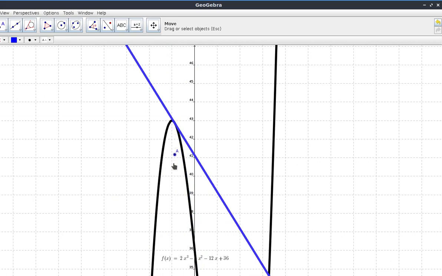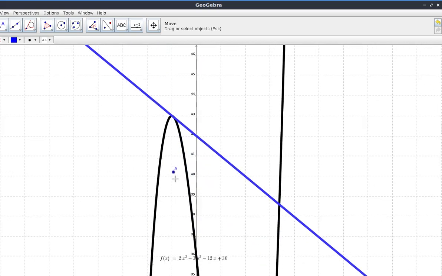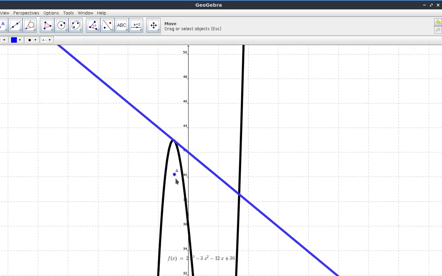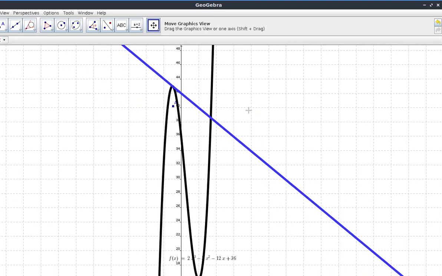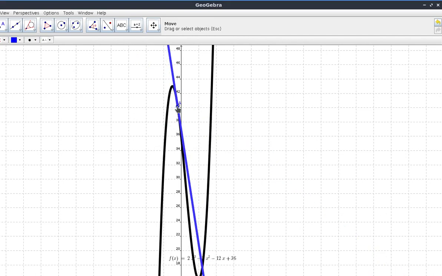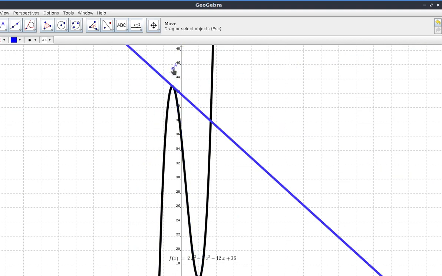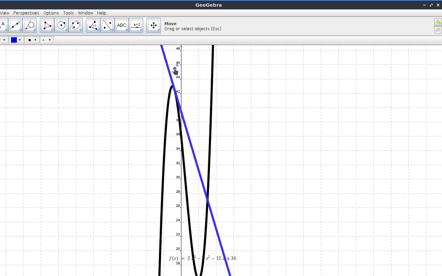So, let's do that again after zooming in. Zoom into the curve. As I move to the right, the tangents go to a more and more negative gradient.